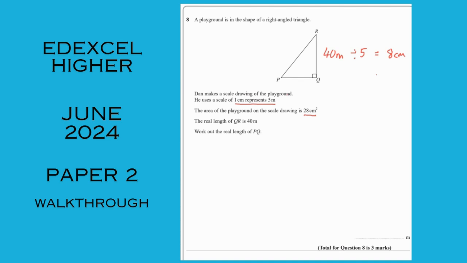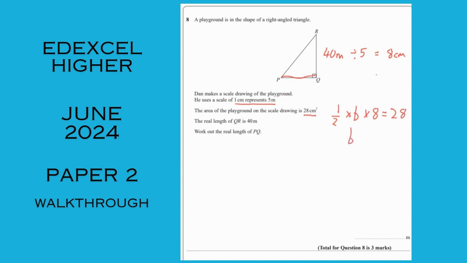So we can go with the old, it's a right angle triangle, so we've got the height. So we can say that a half multiplied by the base, whatever that is, times the height, so half times 8 is 4, equals 28 centimeters squared.